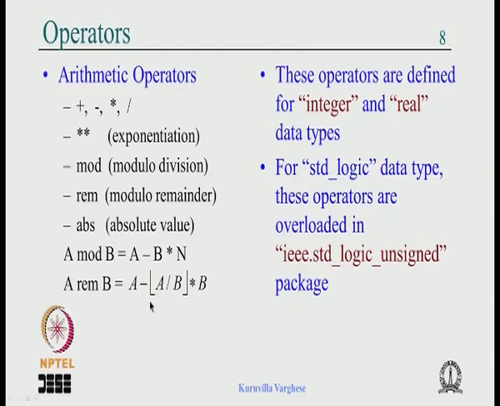For positive numbers it makes no difference, because if you say again 13 mod 3, the real division 13 by 3 will give you 4 point something, the floor of which, with the fraction part thrown off, is 4, and 3 into 4 is 12 and 13 minus 12 is 1. You get it correctly.